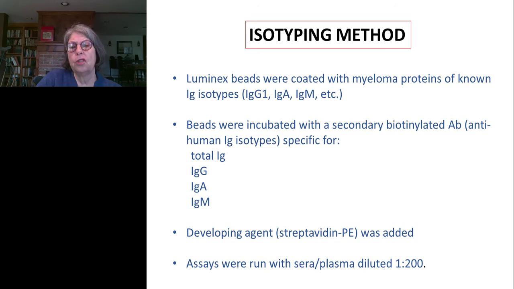So we wanted to be sure that what we were measuring when we said we're measuring IgA is truly IgA, and that the secondary antibodies are specific for IgA and not cross-reactive with other isotypes.